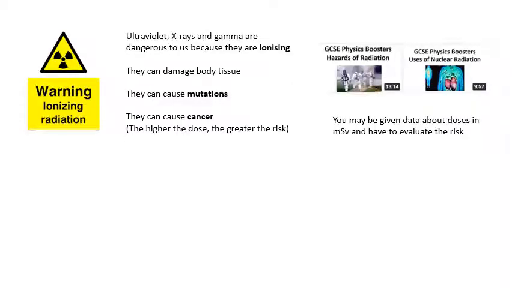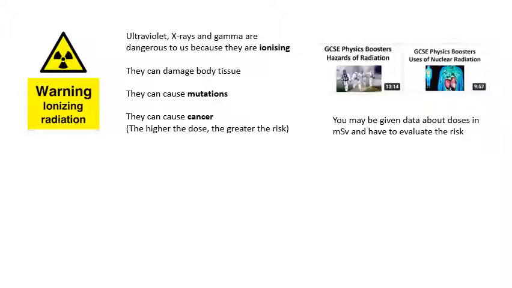Ultraviolet, X-rays and gamma are dangerous because they are ionizing, and I've talked quite a bit about this in my radiation videos, in the hazards of radiation, and I've talked about sieverts and millisieverts and doses and risk. It mentions it again in this part of the specification.